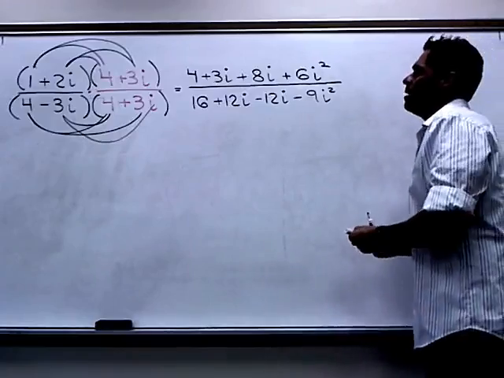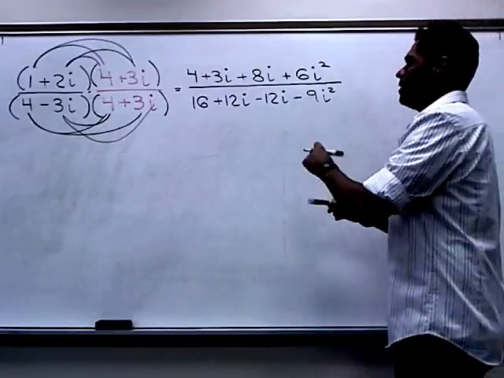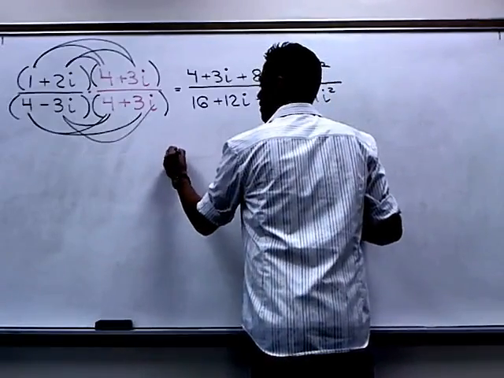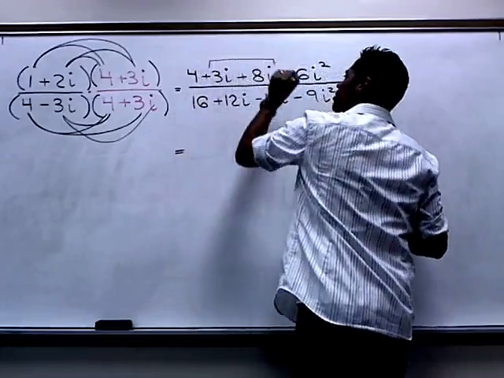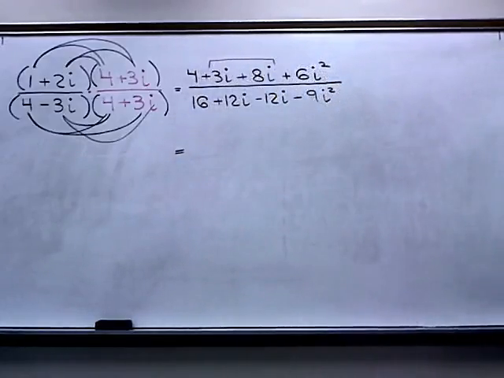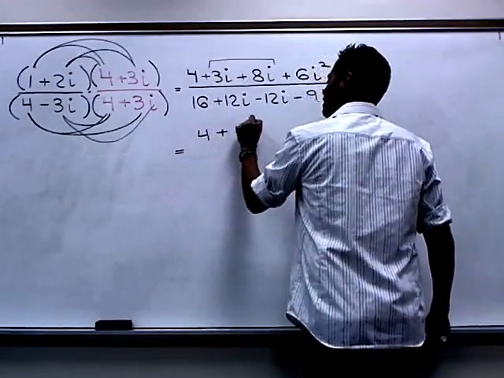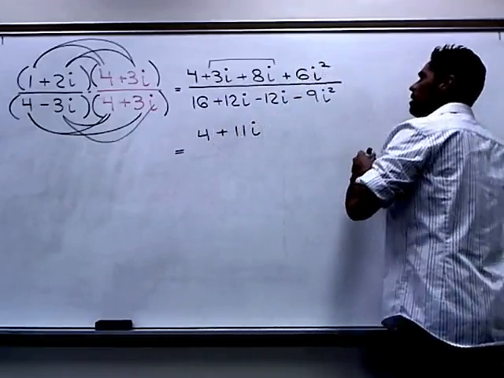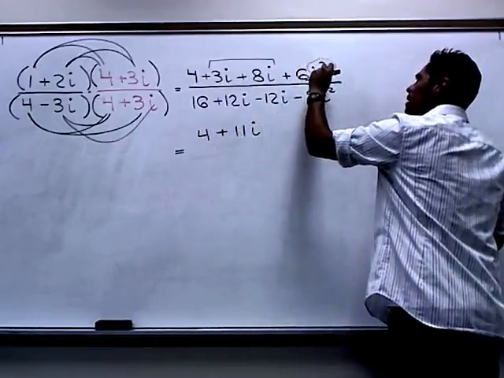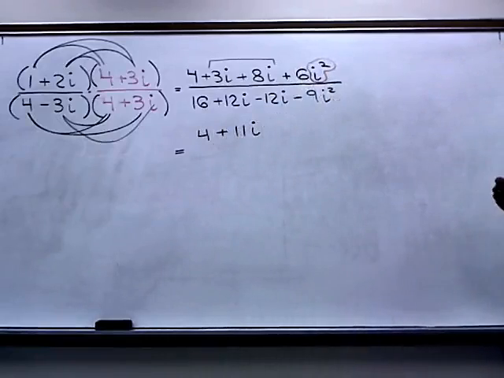So now I'm going to start with the numerator and put things together here. These are like terms, right? 3i and 8i is 11i. So I have 4 plus 11i. And then over here, this i squared turns into a what? Negative 1. Multiply it times the 6, negative 6.